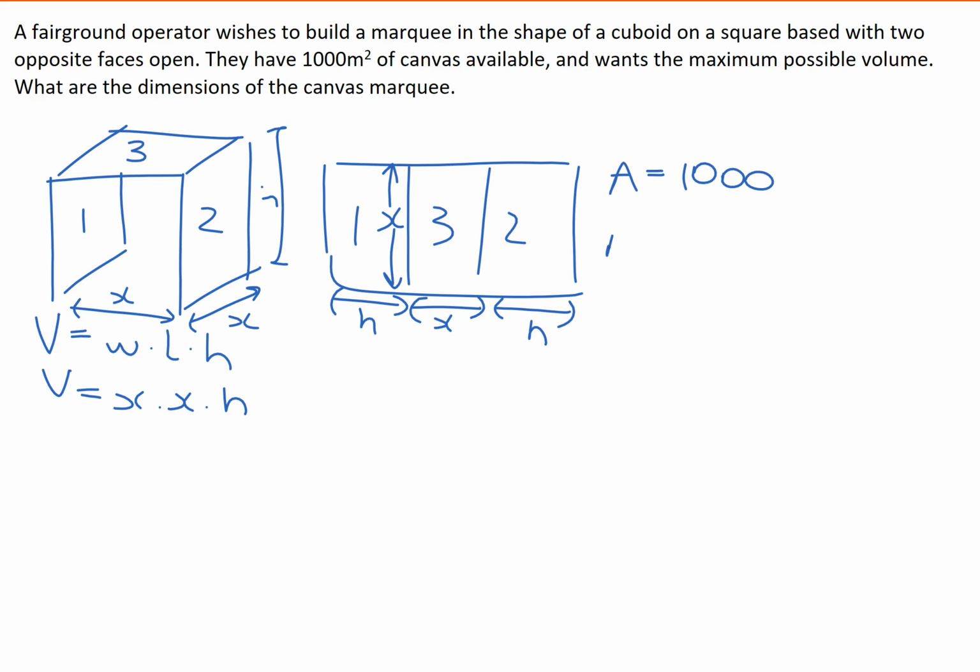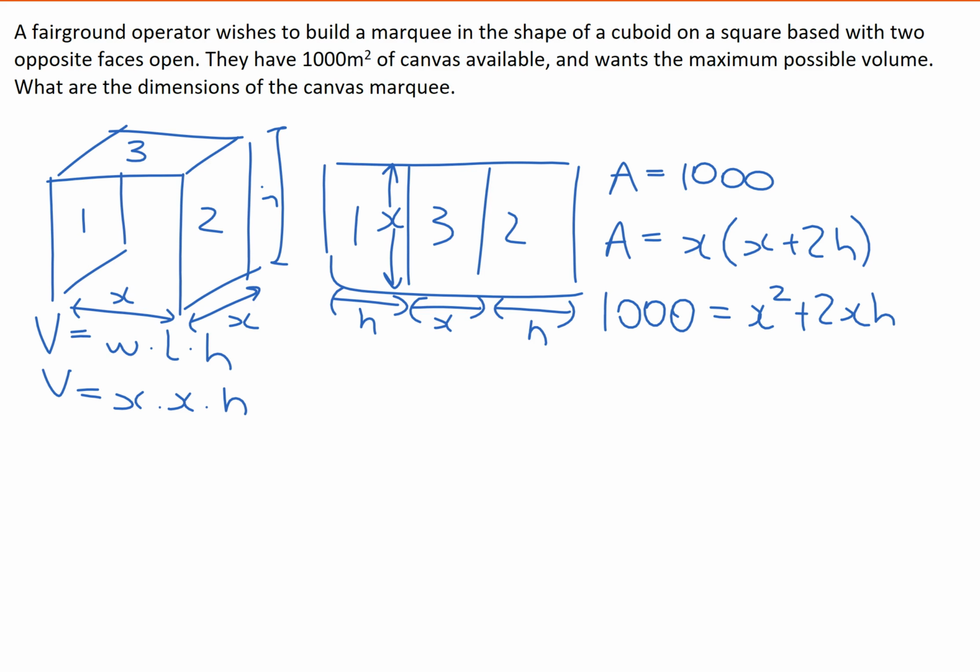So now, to get our area, which is 1,000, we need to say it's X times X plus 2H, don't we? Happy with that? So we've now got a function where 1,000 equals x squared plus 2xh.